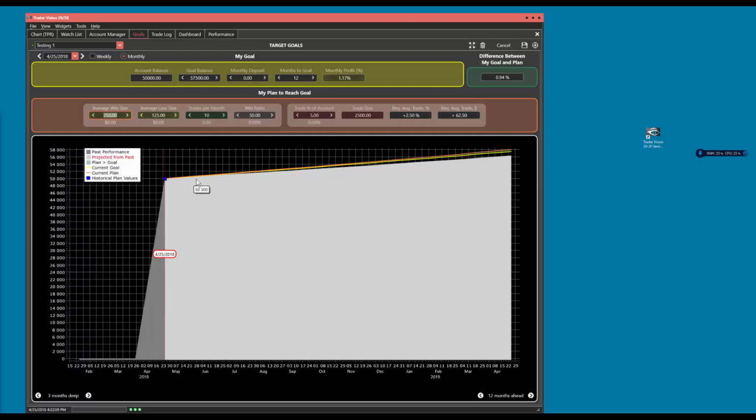If a trade doesn't offer me that opportunity with a $2,500 investment, I'm not going to even consider it. Or if I've got to risk $500 to be able to make that $250, again, I'm not even going to consider it. So that's the purpose of trade goals.